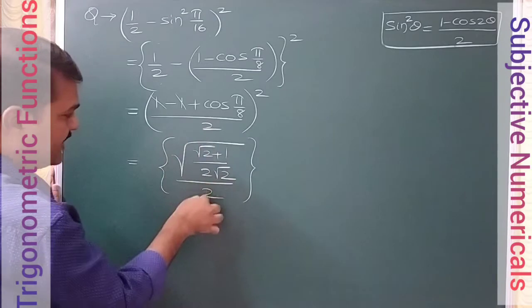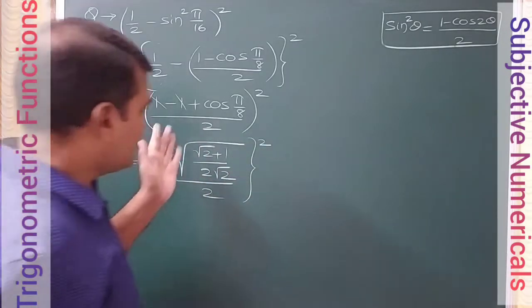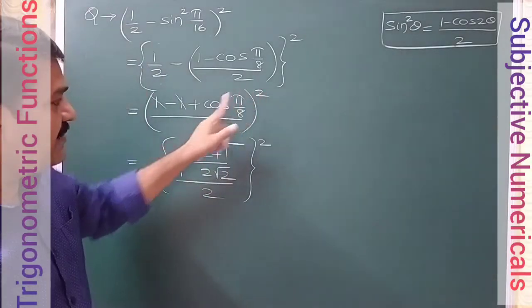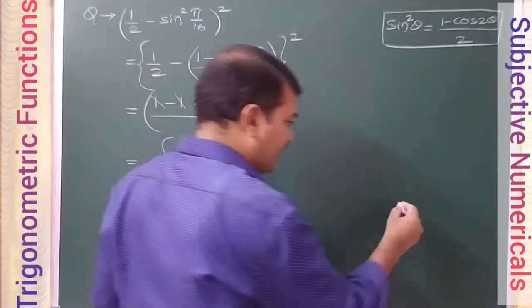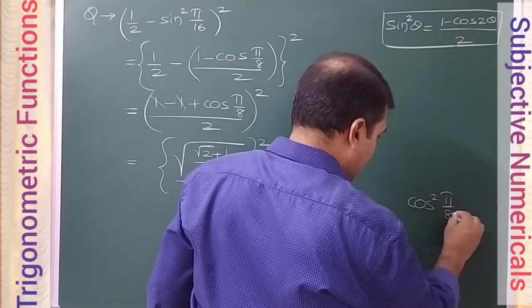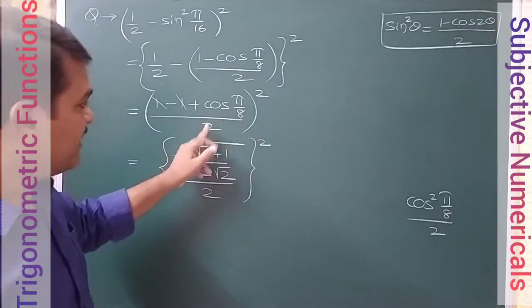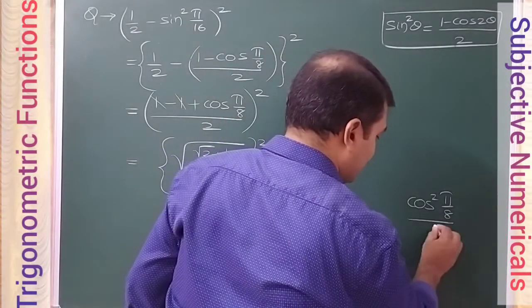So this by 2 I am writing as this. So you can write like this, or cos square pi by 8 by 2 is left, no? So you can do like this also. So I will show you one more method. Cos square pi by 8, cos square pi by 8 by 2 square 4 is left actually.